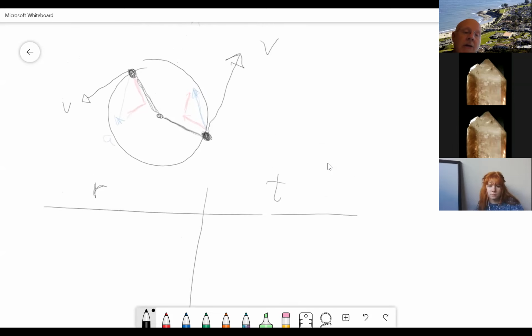And coming back to this picture, this piece right here is the radial direction, and this piece is the tangential direction.